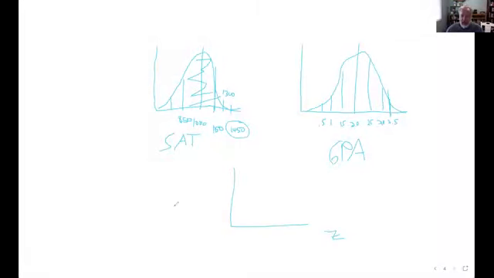A z-distribution is a hypothetical distribution. It's almost easier to do this with a piece of paper than on this whiteboard.